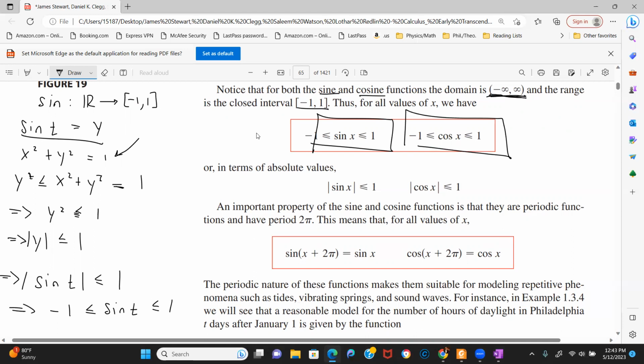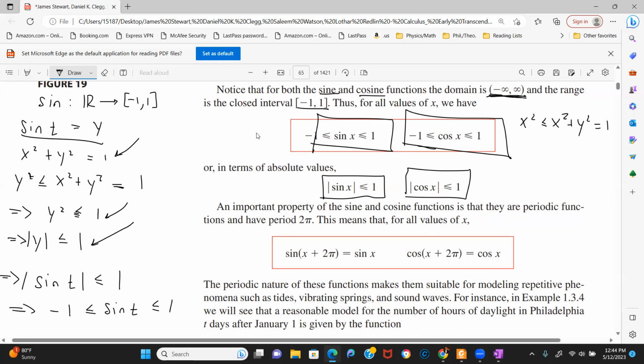Instead, you would say x squared is less than or equal to x squared plus y squared, which is equal to 1. Then you take a square root like you did here to get the absolute value of x is less than or equal to 1, and from there this inequality follows. They write it in absolute value form also right here.